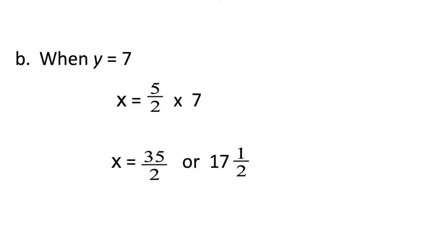That is, we have x equals 5 over 2 times 7. Upon multiplication, 5 times 7 is 35. So we have x equals 35 over 2, and this can be expressed as 17 and 1 over 2.